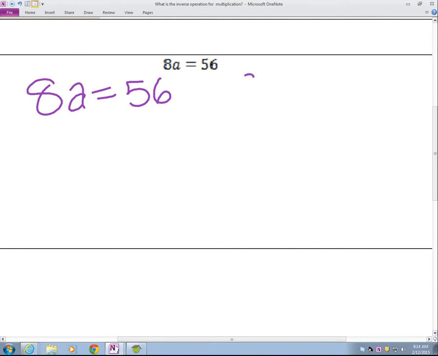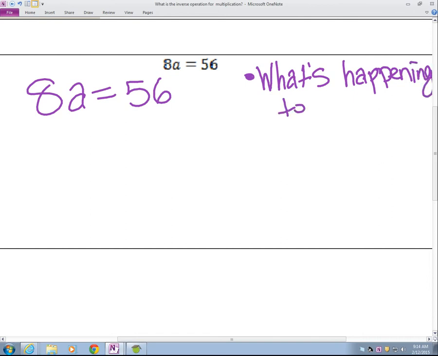I want you to put a bullet point to the right and say, what's happening to the variable? What's happening to the variable? The variable's feeling uncomfortable. It's not alone. What's happening to it?